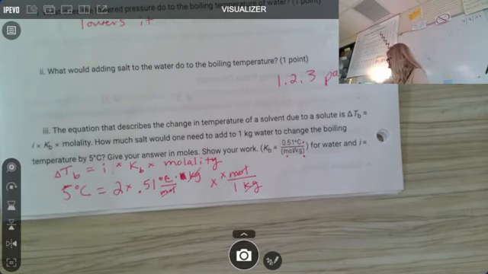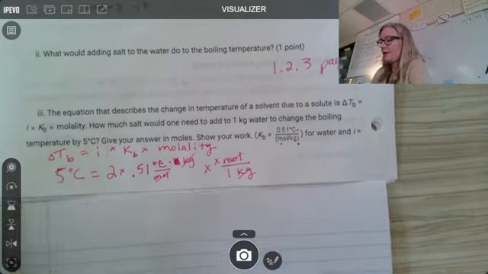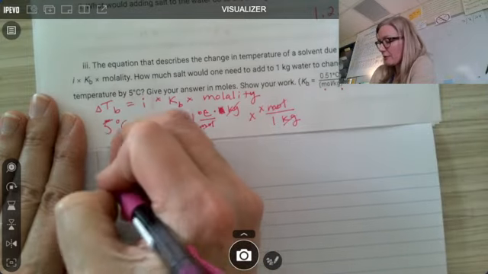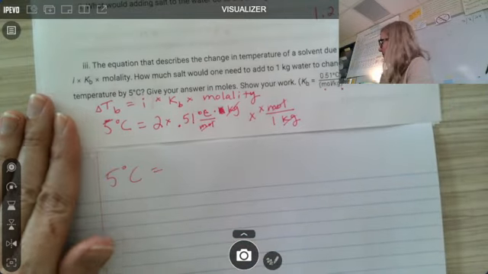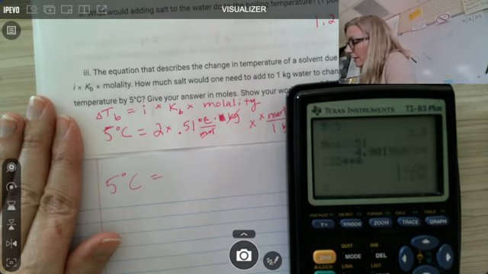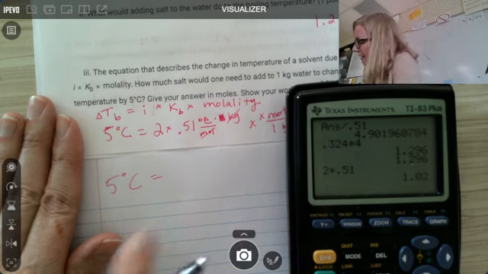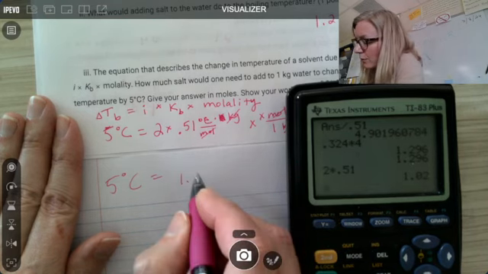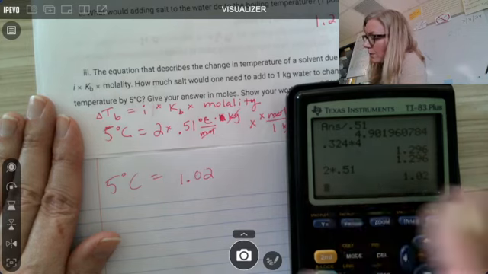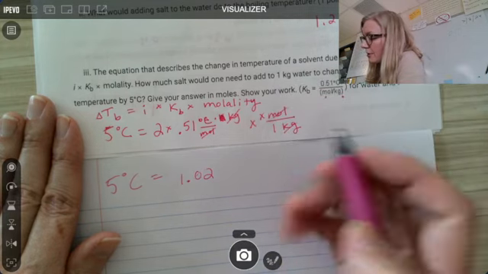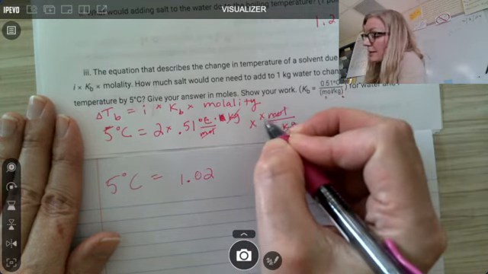So I'm going to simplify both sides of this equation. So this is 5 degrees Celsius, and I'm going to do 2 times 0.51, and that is 1.02. And then that's times x.